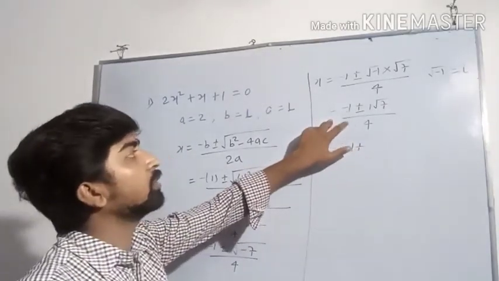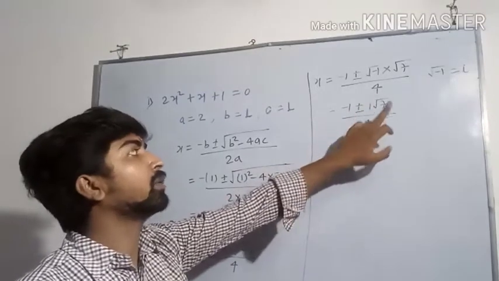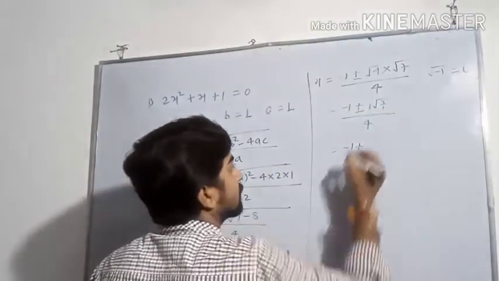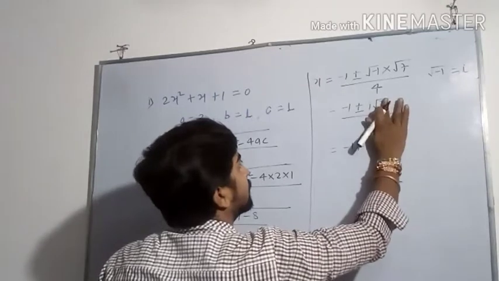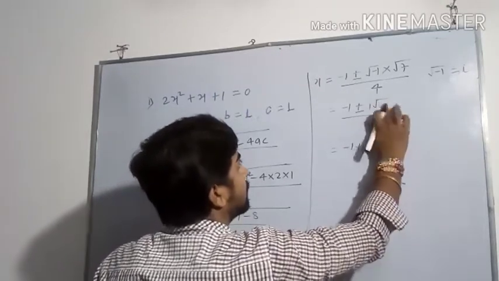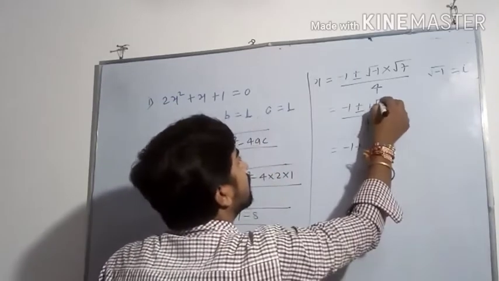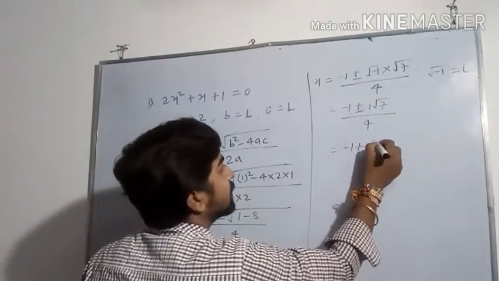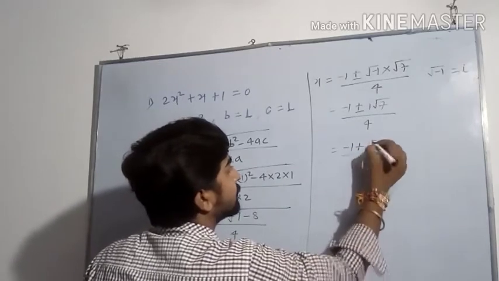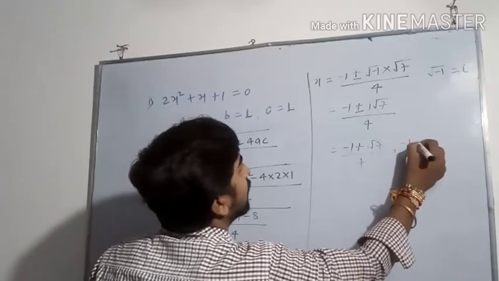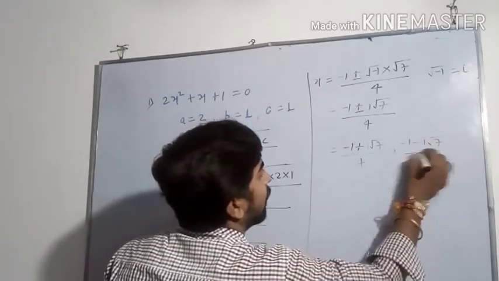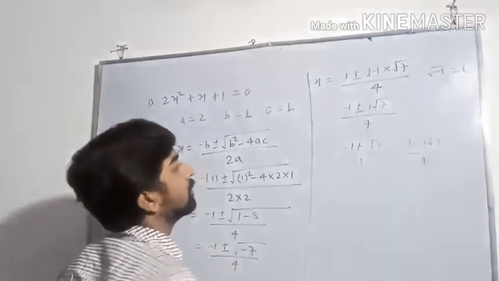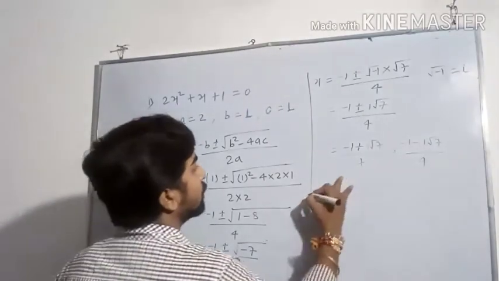There are two values of x. One is minus 1 plus I under root 7 by 4 and the other is minus 1 minus I under root 7 by 4. These are the two roots.